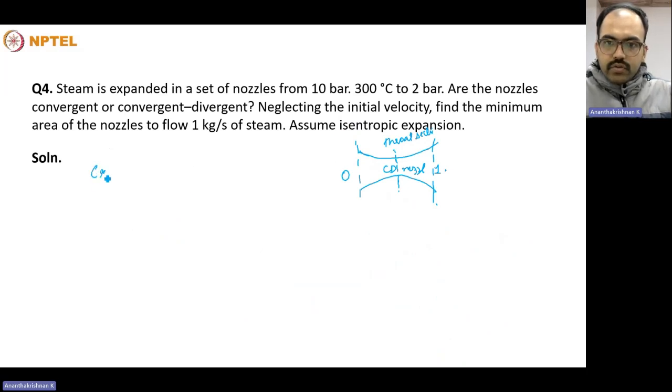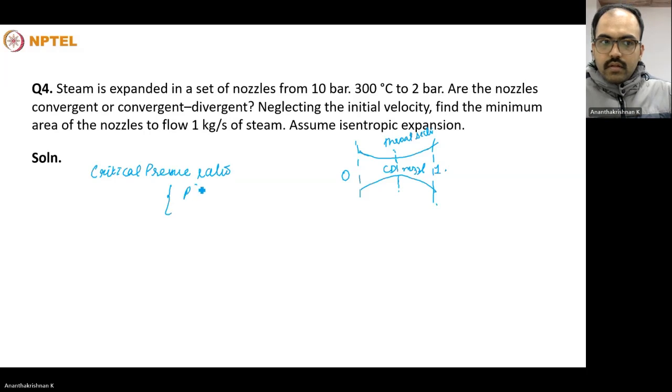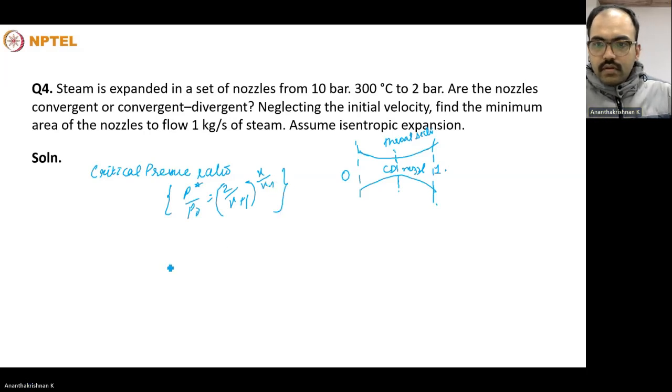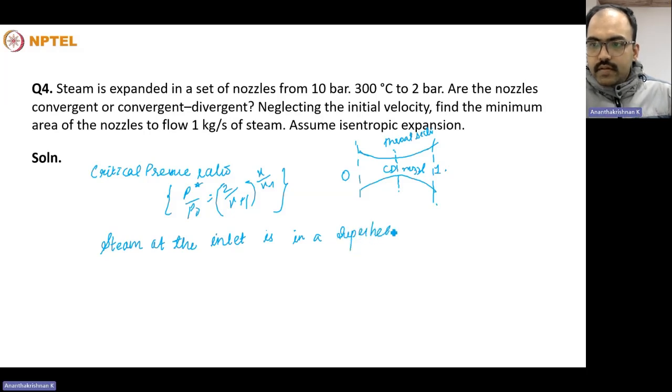So we know the critical pressure ratio for maximum flow rate: P star divided by P0 is equal to (2 by gamma plus 1) raised to gamma divided by gamma minus 1. Steam at the inlet is in a superheated condition, 10 bar, 300 degrees Celsius.